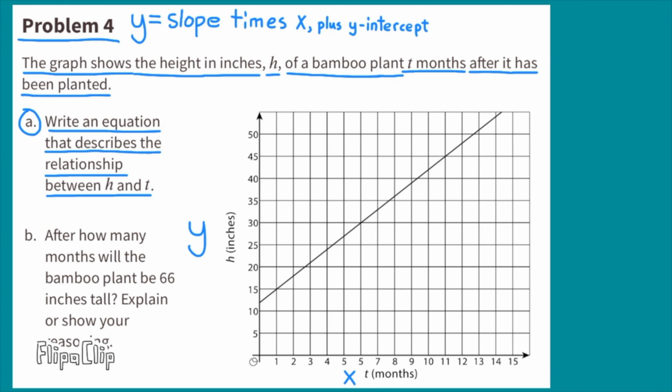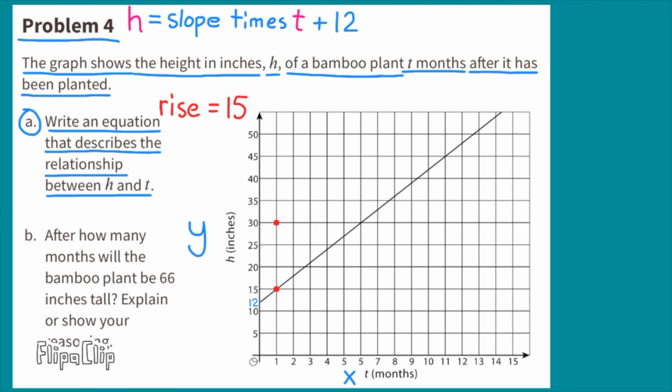When we write the equation y equals the slope times x plus the y-intercept, we can substitute the y and the x with the h and the t. Now it reads h equals slope times t plus y-intercept. And the y-intercept is 12. So the equation would read h equals slope times t plus 12.